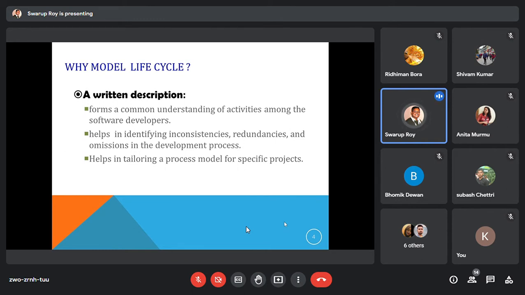That way, the documentation moves from one phase to the other, so it is a document that everybody needs to understand well: what the software is, how we're going to develop it, what the phases are, and how we're going to take those steps. These written descriptions help in identifying inconsistencies, redundancies, and any omissions in the process development, which can be easily identified.